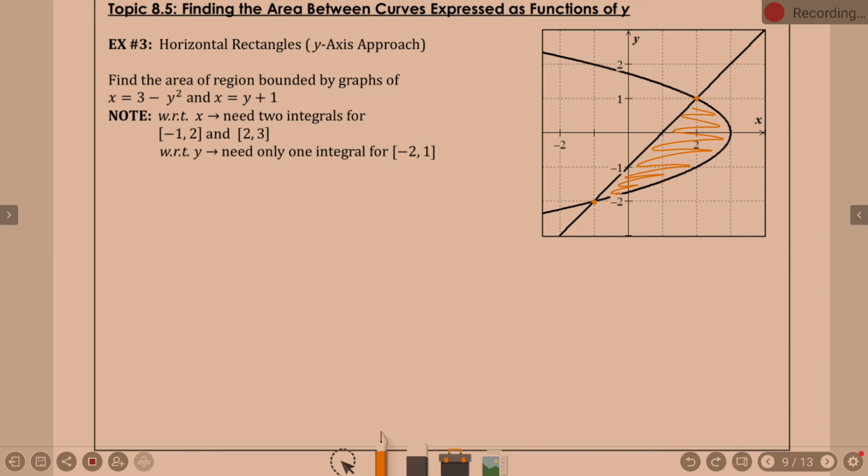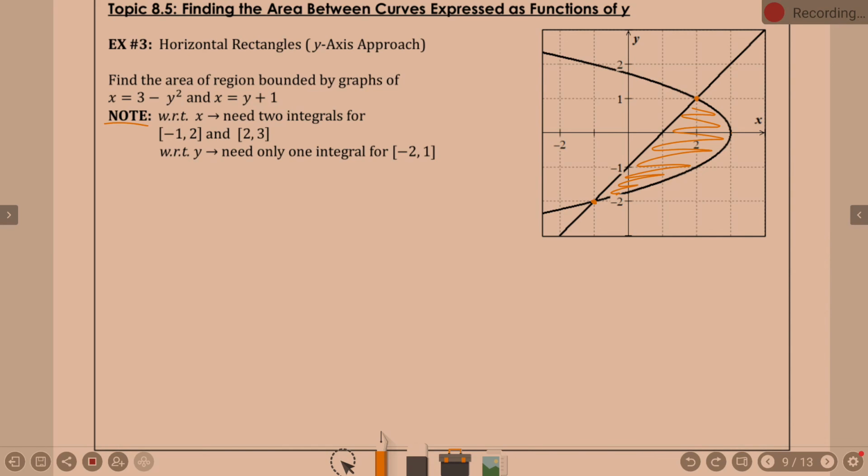And you'll notice the notes here. Now, first of all, WRTX and WRTY. Took me a moment to figure this out. With respect to X versus with respect to Y. Okay?